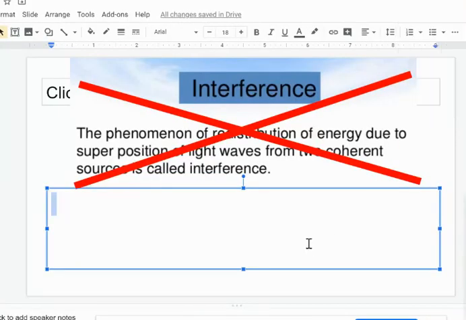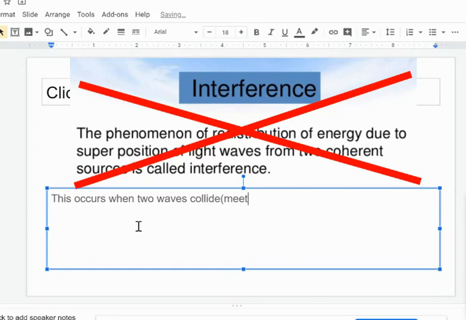So this was the original definition we were looking at. We don't want this definition. This definition isn't good, but we can change it. So interference occurs when two waves collide or meet. We put meet in parentheses.